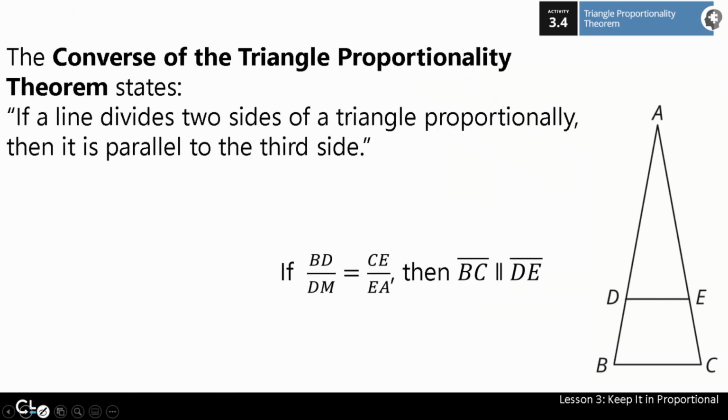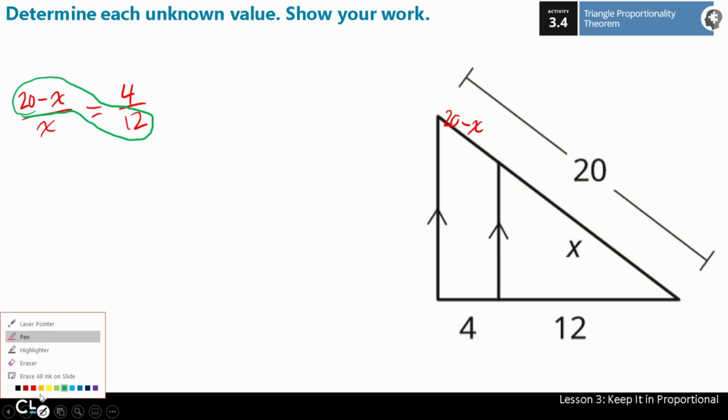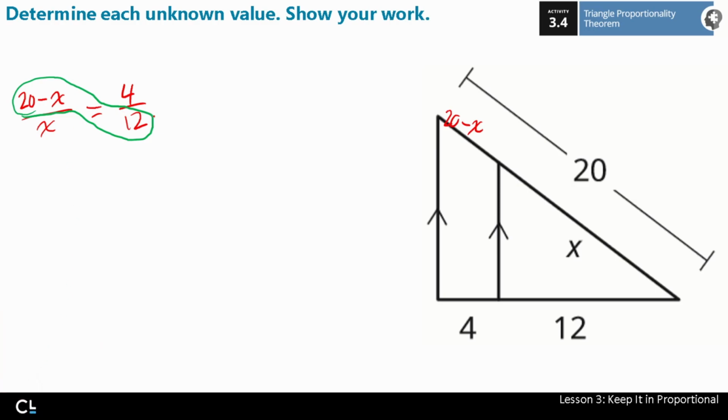Now, the biggest mistake I see here: once again, we have two terms in that numerator. We have 20 minus x. Make sure you multiply that 12 by both of them, right? So we first do 12 times 20, which is going to give me 240.